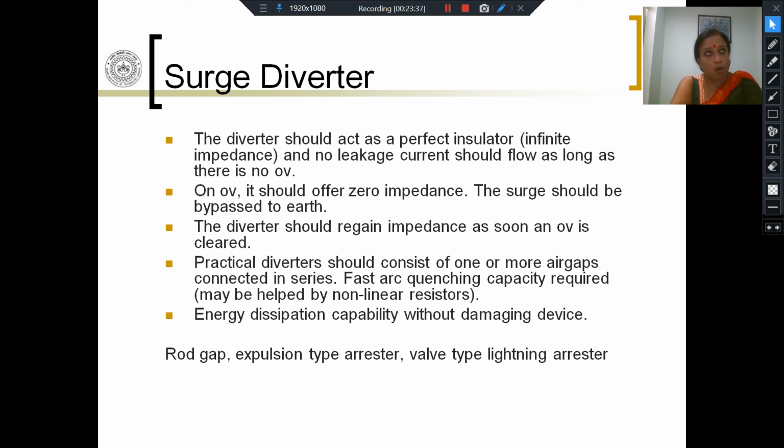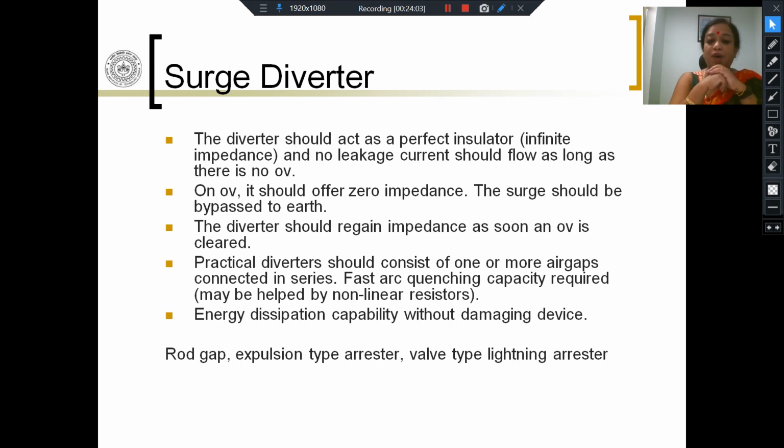Of course, when we are talking about practical diverters, we need a material which has a fast arc quenching capacity. So when this arc is drawn, it provides a short circuit. Now, as soon as the over voltage is cleared, I do not want that short circuit to persist. So that short circuit has to be cleared very quickly, and for that I need a medium which has a fast arc quenching capacity.